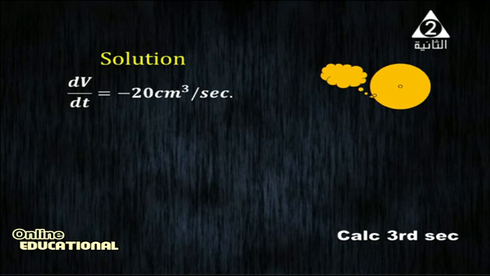At r equals 10, what is the value of dA/dt? dA/dt is the rate of change of the surface area, or external surface area, with respect to the time t. Now, what is the relation between the volume and the radius?